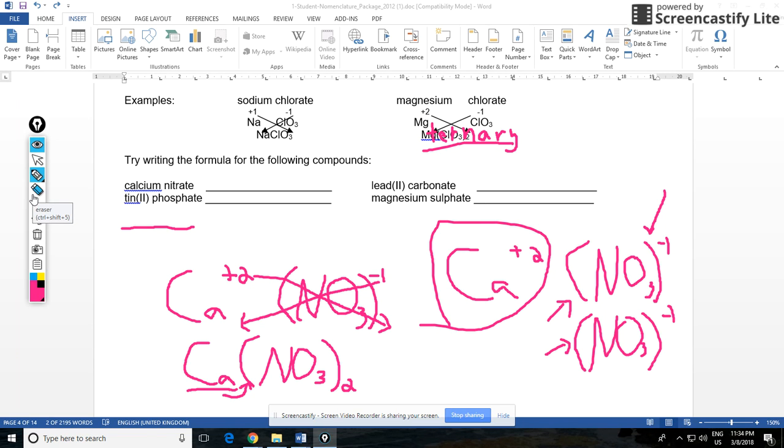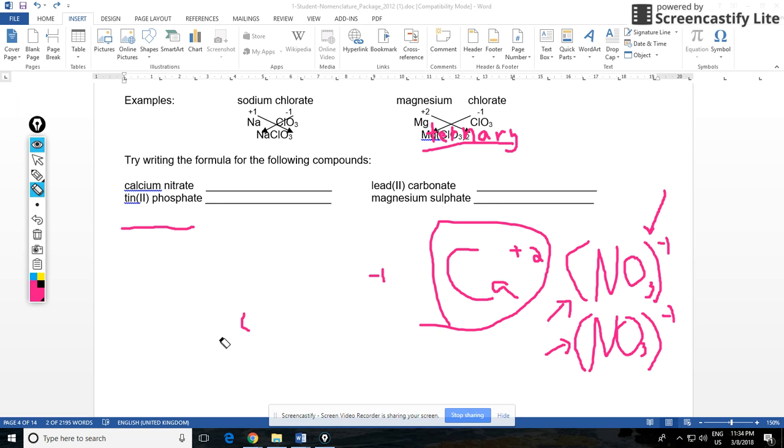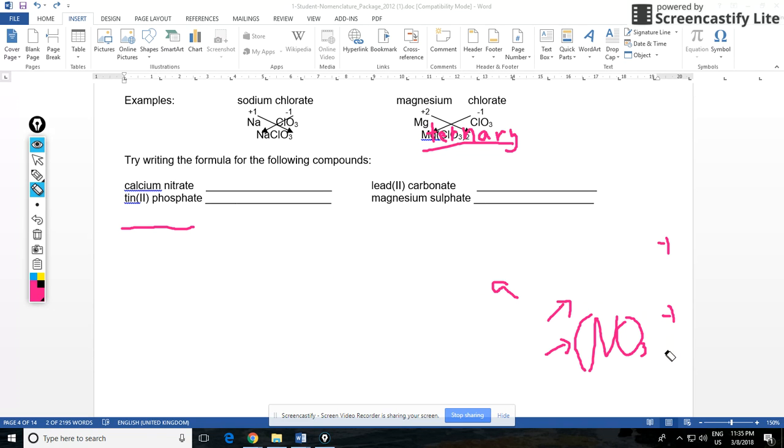So let's do the example of lead(II) carbonate. Again, write the ion symbols side by side. Lead(II).